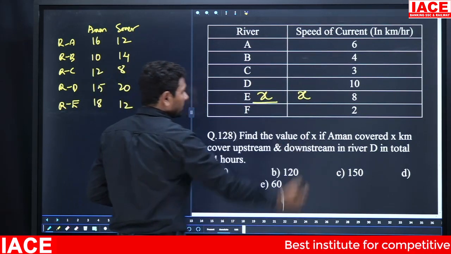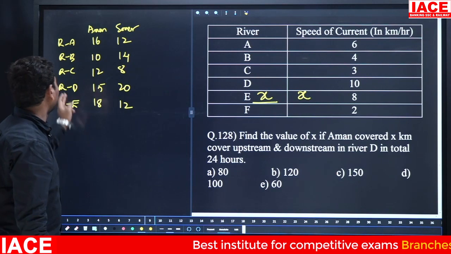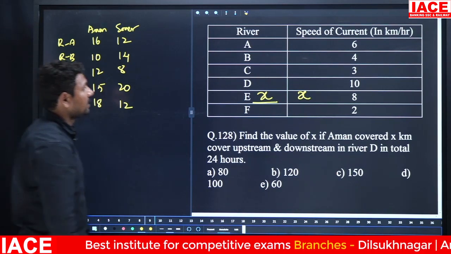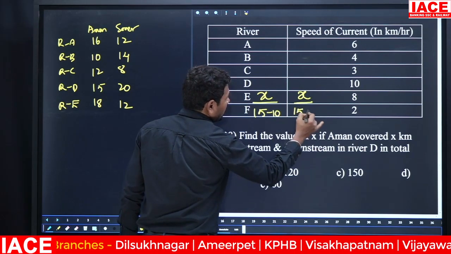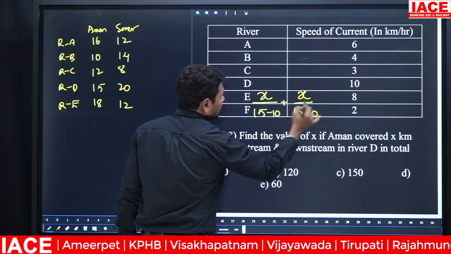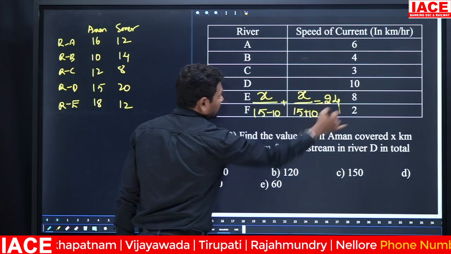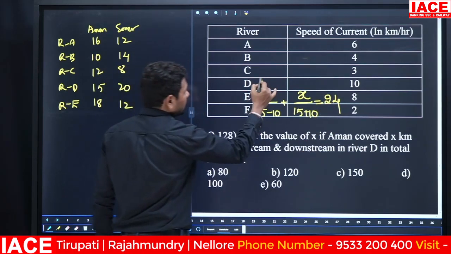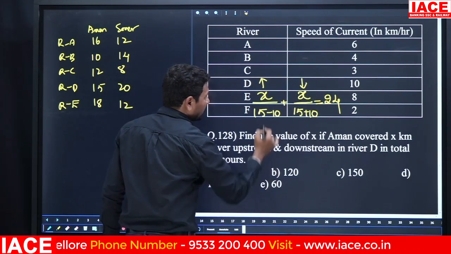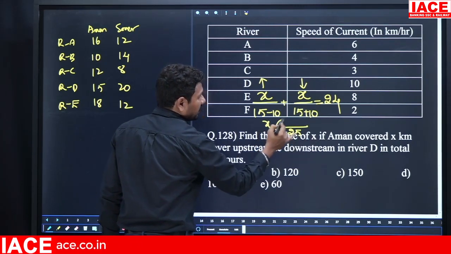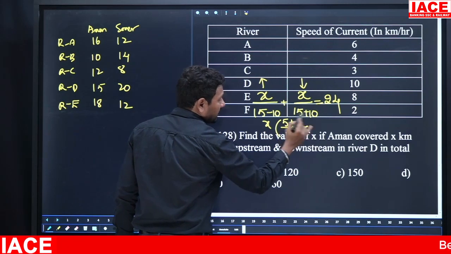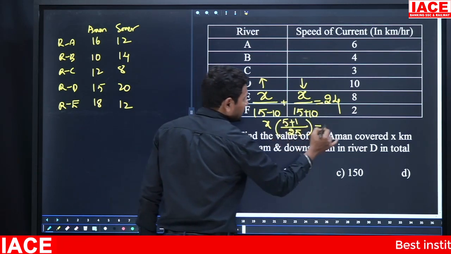Aman's speed in river D is 15, so 15 minus 10 and 15 plus 10. The total journey is 24 hours. This is upstream and this is downstream. The common term is x, and here is 25. 5 to 25 is 5 times, and 25 to 25 is one time, equal to 24.